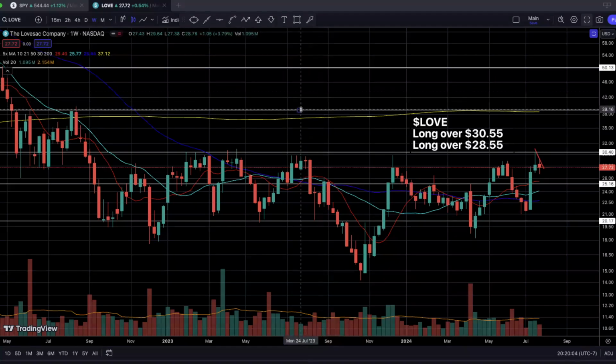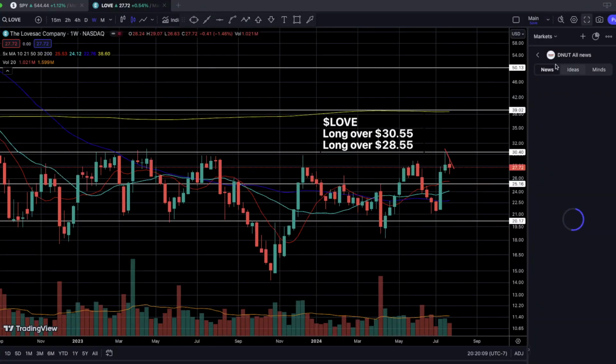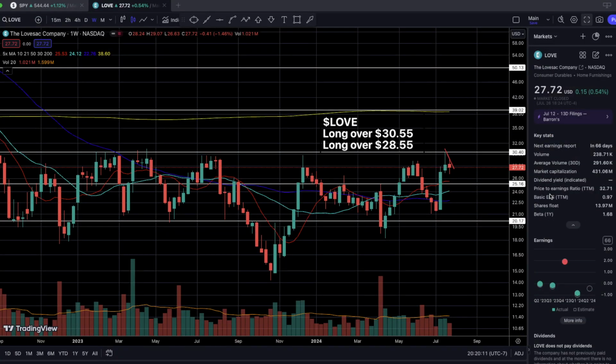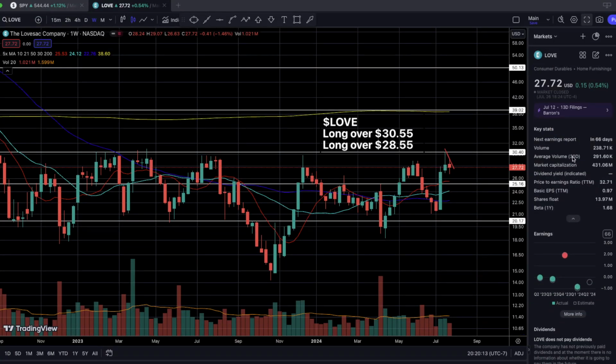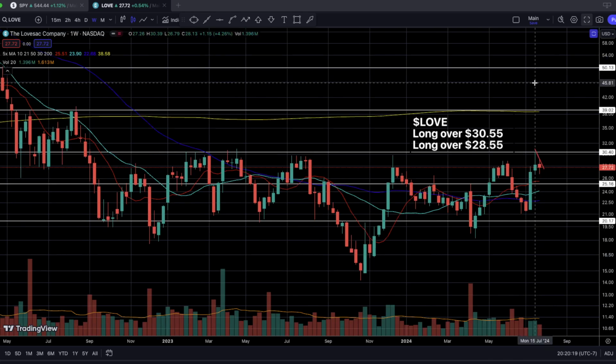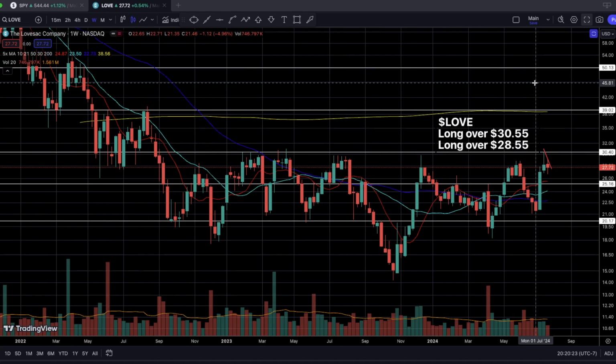Because Love here, first of all, is a small cap stock. Okay, so if you guys see here, the market cap is at $431 million. And that is what we consider a small cap. And so Love here has been making this huge base since 2022. So nearly 2 years where this base has been forming.